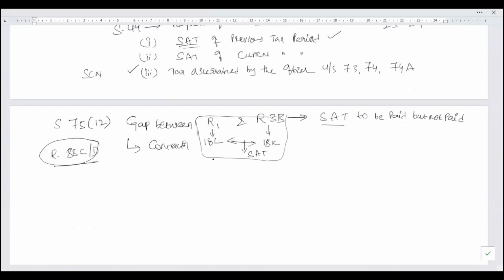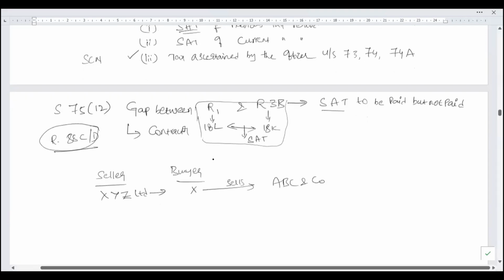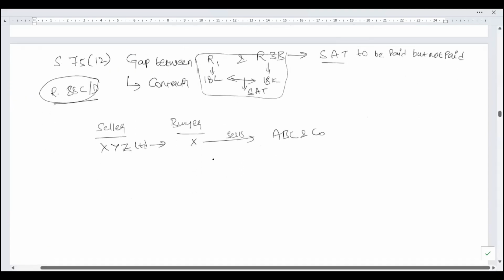So let's take this way. Say there is a seller, there is a buyer. Seller XYZ Limited sells goods to, say, X. In turn, buyer X sells to ABC and Co. Let's assume that in month one, a sale happened for 1 lakh.